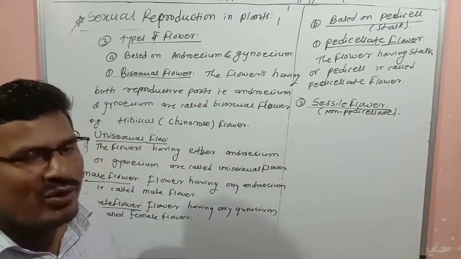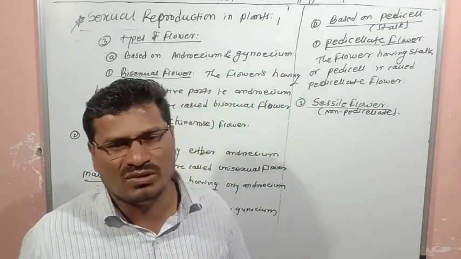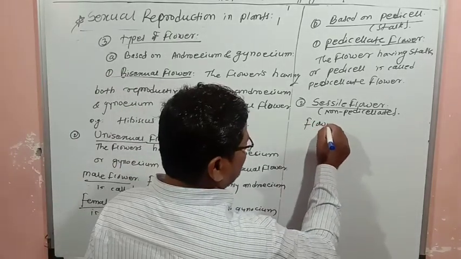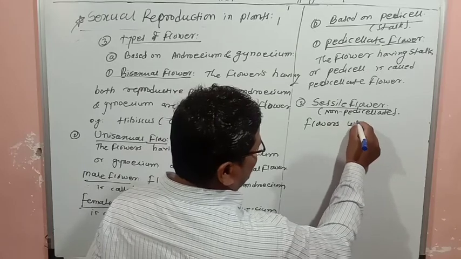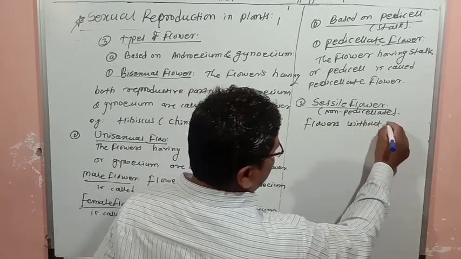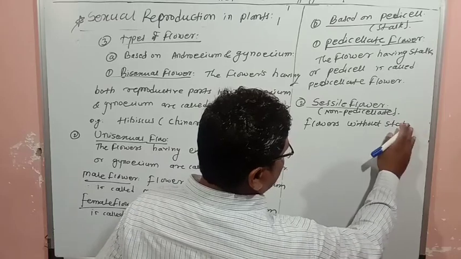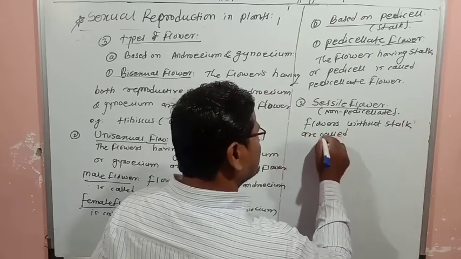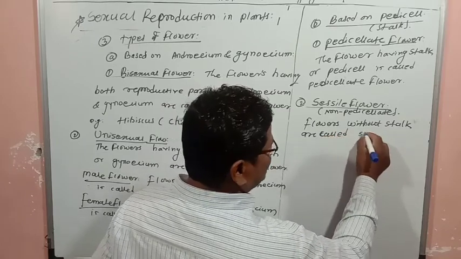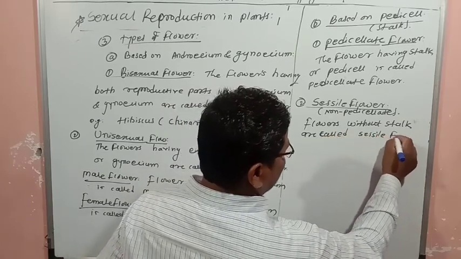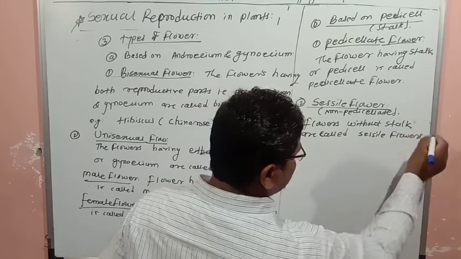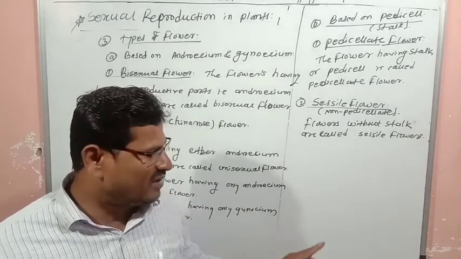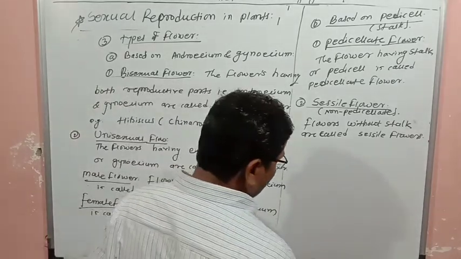Flowers which are without stalk are called sessile flowers. So up to here we have seen, and a diagram we will also draw for the flower.